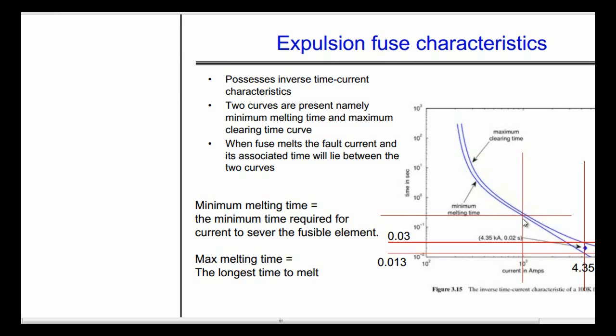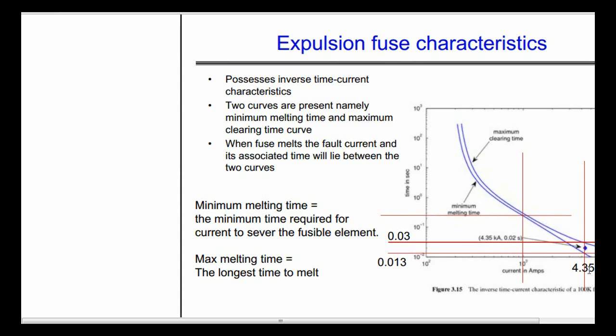This is an example. For example, during 1000 amps, the minimum melting time is something like 0.3, and the maximum melting time is something like 0.32 or so.